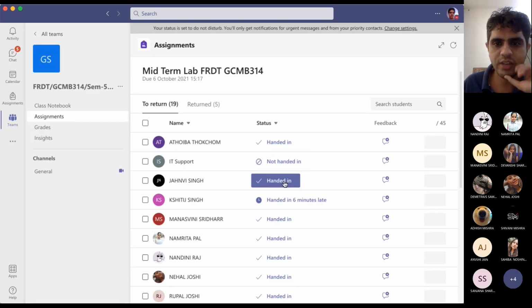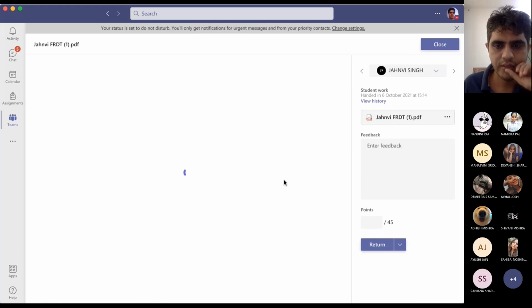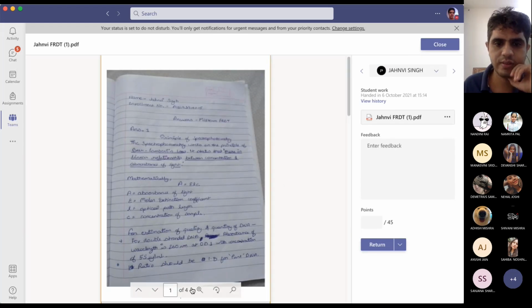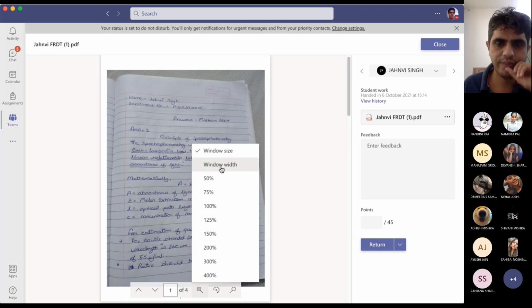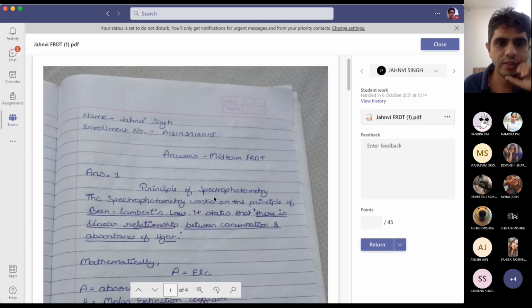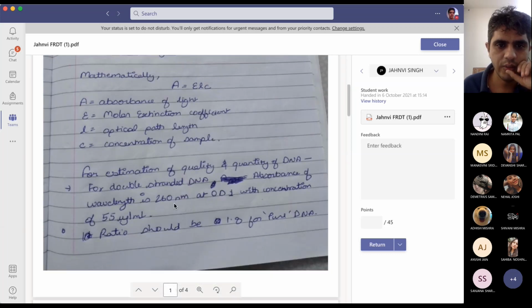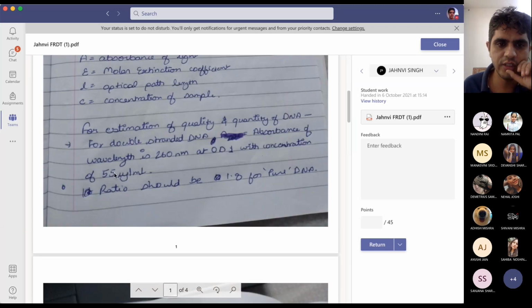Okay, so next is Janvi. Janvi. Yes, sir. Okay, so Janvi, principle of spectrophotometer, Beer-Lambert's law, that's fine. OD of 1, yes, 55 micron. So this is the one that I was referring to. So you wrote 55, it is 50.